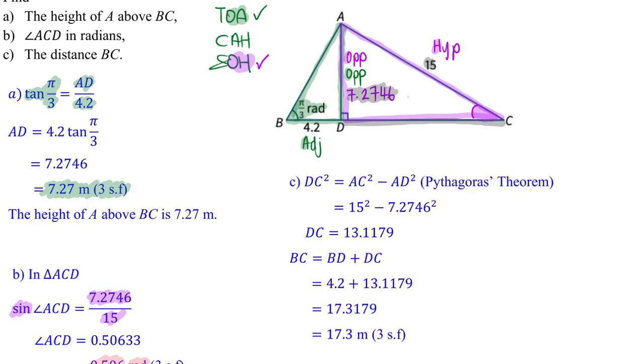So that's the approach, and this is the answer. Applying Pythagoras' theorem, I get DC as 13.1179. Then I can find BC by adding 4.2 to it, giving 17.3 meters.